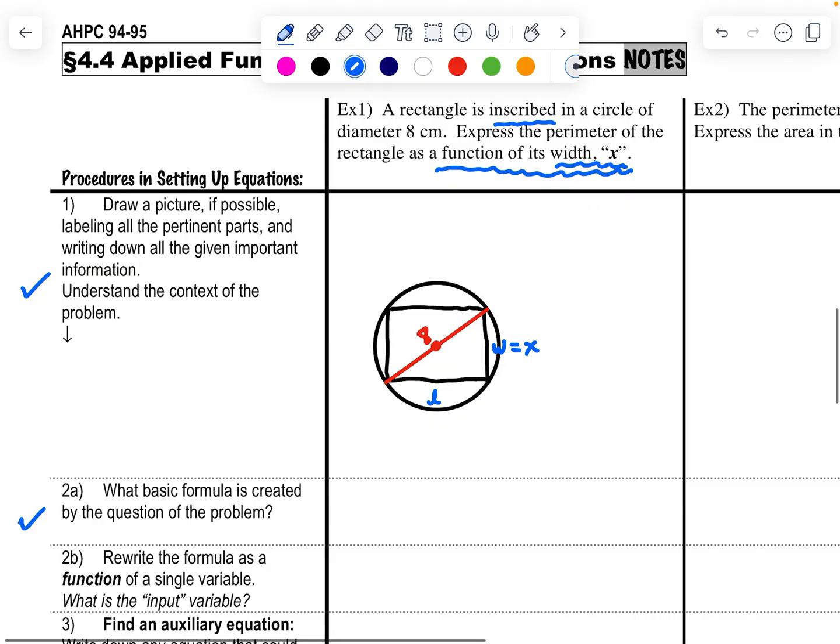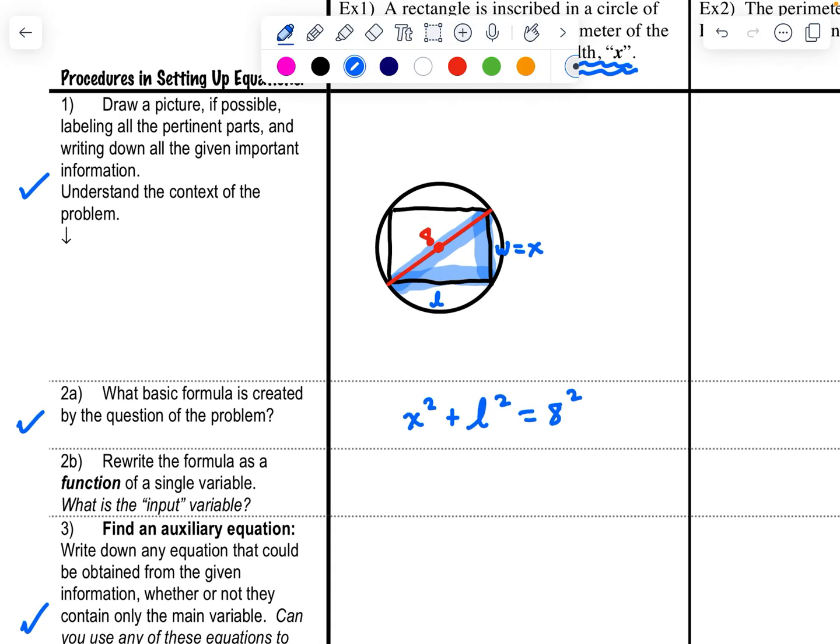All right, so what is a basic formula created by the question of the problem? Well, the one that most of you probably won't come up with is the Pythagorean theorem. So I've got x squared plus L squared is equal to 8 squared. Our goal is to rewrite the formula as a function.